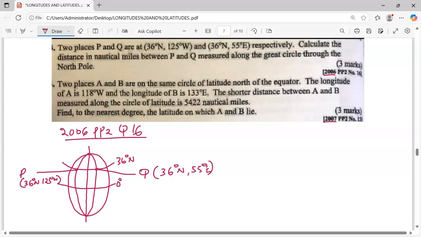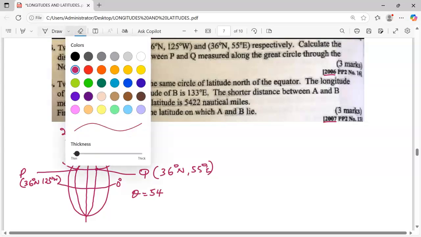a great circle, and in this case, for us to get the angle difference, remember we are moving from 36 to the north, which is 90. Remember from the equator to the north we have 90 degrees, meaning from 36 to the far north we are going to have 54. Then we move from point P to the north and again back.